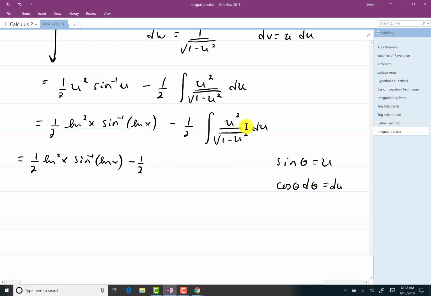So I'll have sine squared of theta up there. And down here I'll have, well, you know the drill. I'll have 1 minus sine squared. That'll be cosine squared, and the square root of that will end up being a cosine of theta. And then I have cosine theta d theta. So cancel those out.